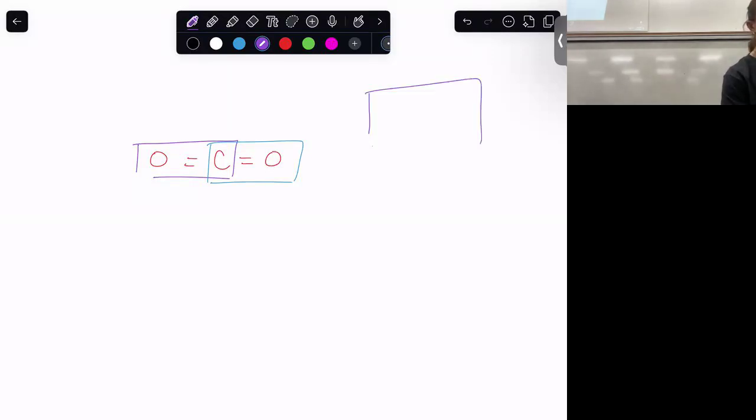So oxygen is more electronegative. Perfect. We know that electronegativity increases as we go up and to the right on the periodic table. So oxygen is going to have more electronegativity, which means it gets this partial negative.